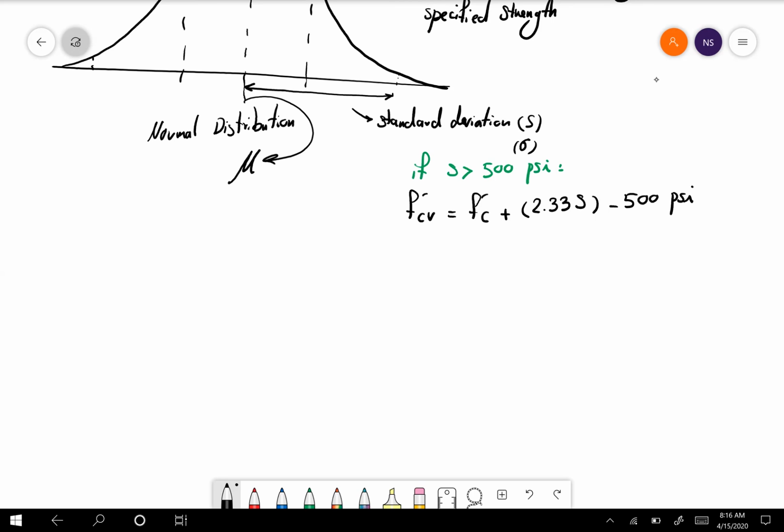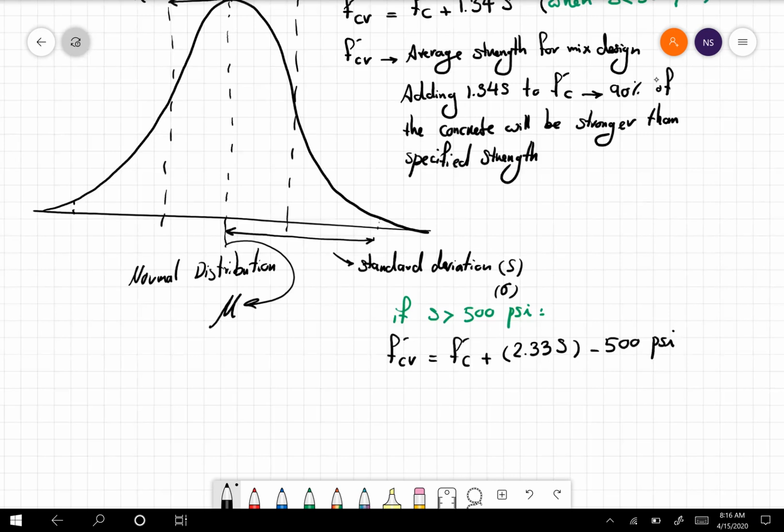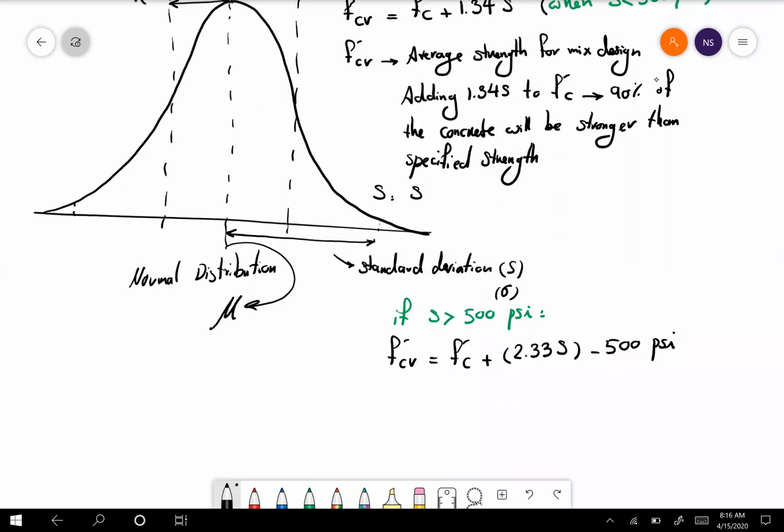And again, S is the standard deviation of F prime C.